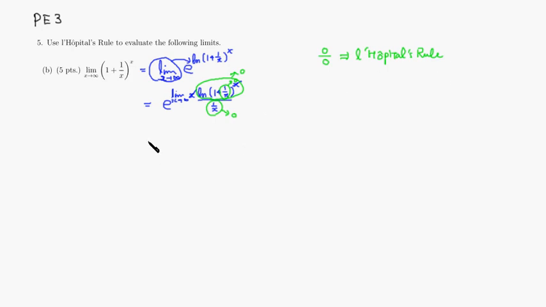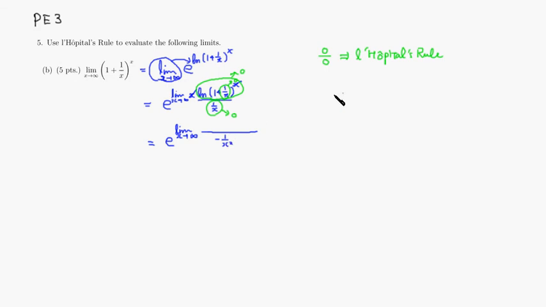You still have e and still have the limit as x approaches infinity. Then take the derivative of 1 over x, which is going to be negative 1 over x squared.